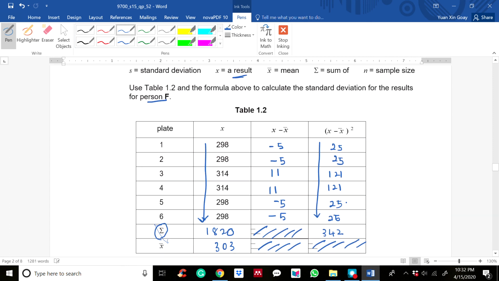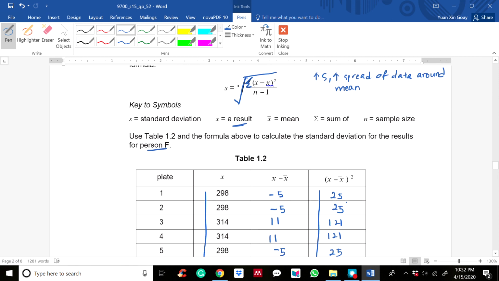Once you get all these results, you can calculate the S, or the standard deviations. S equals to the square root of the sum of x minus mean squared divided by n minus 1.